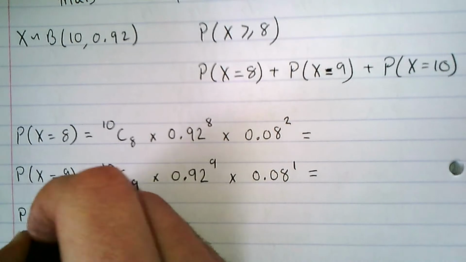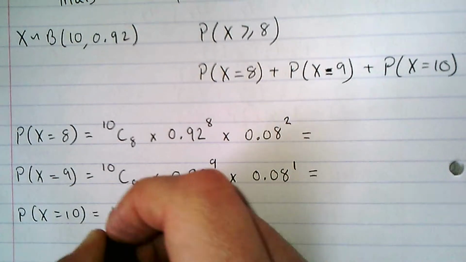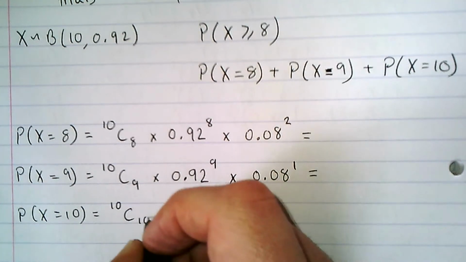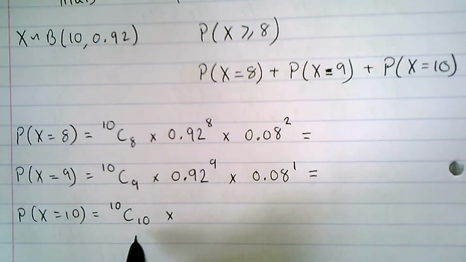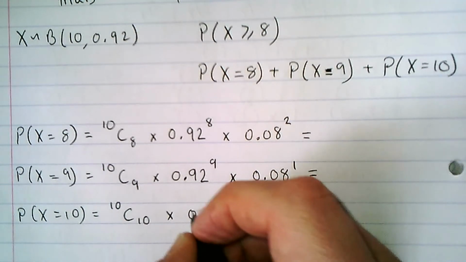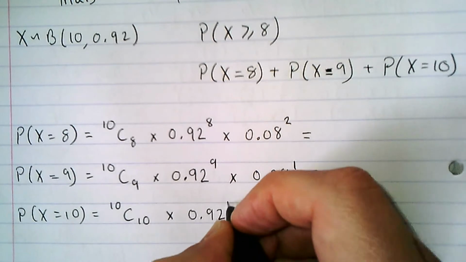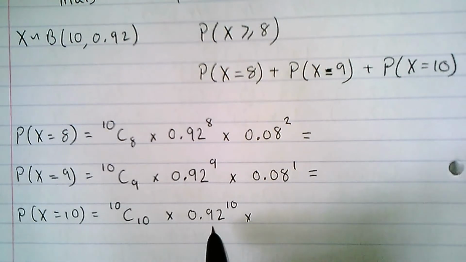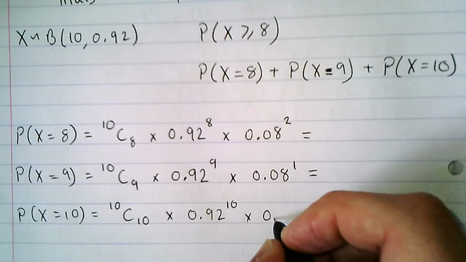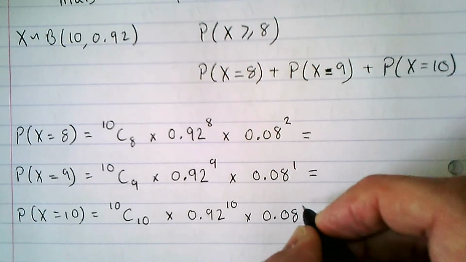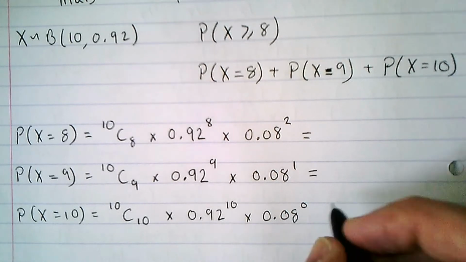And finally, x equals 10. We're going to have 10 choose 10. If you're thinking carefully about this, you should know that that is 1. 0.92 to the power of 10. Number of successes is 10, probability of success is 0.92. Multiplied by 0.08, probability of failure, to the power of 0, no failures.